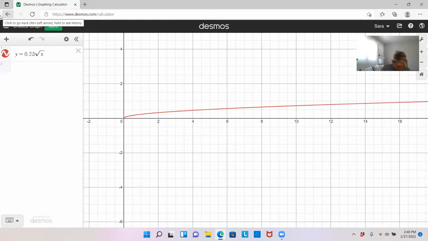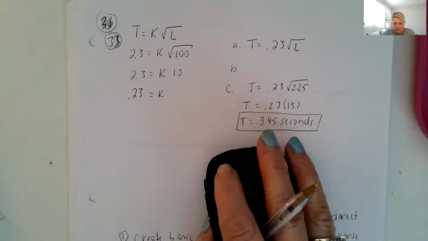How about we look at one more story problem for fun? How about number 25? It says volume and pressure.